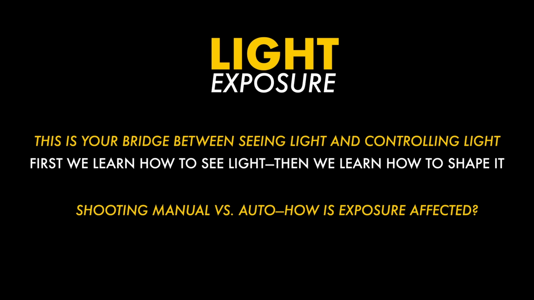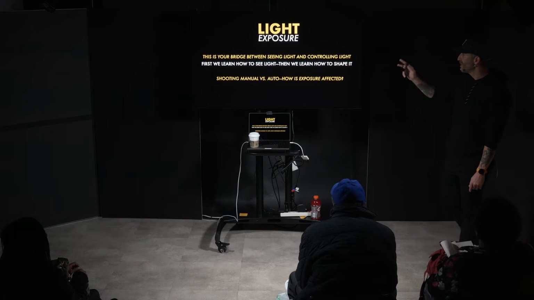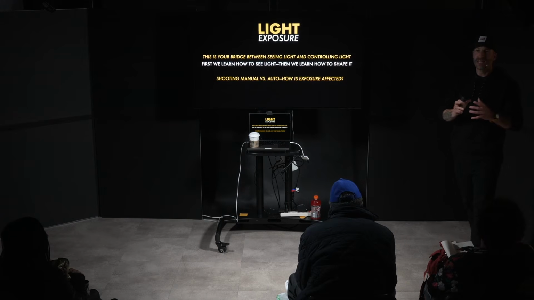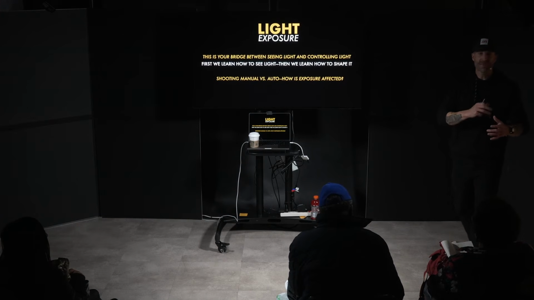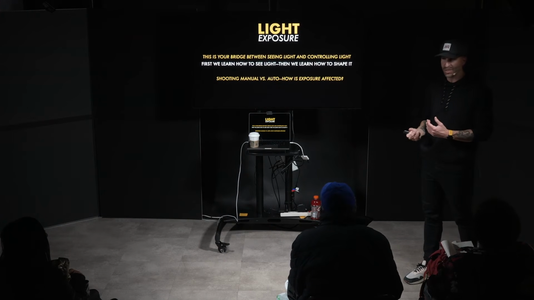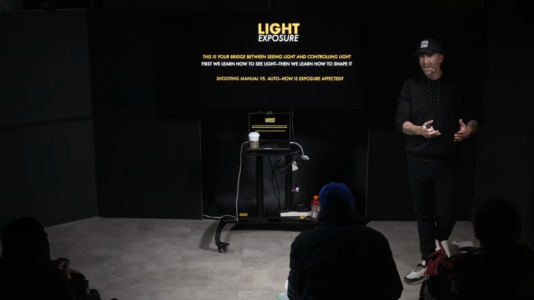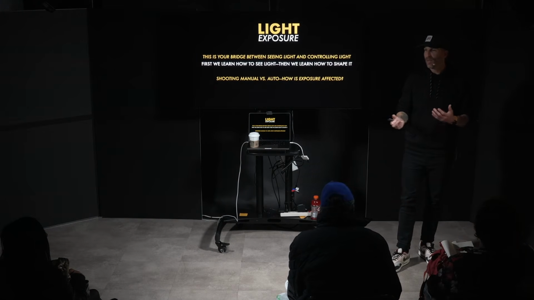So now we're going to move from the qualities of light, or the properties of light rather, into light exposure. So this is the bridge between seeing light and controlling light. Okay? We have to learn to see light before we can control it. But if we see light and we don't know what to do with it, are we helping ourselves out?